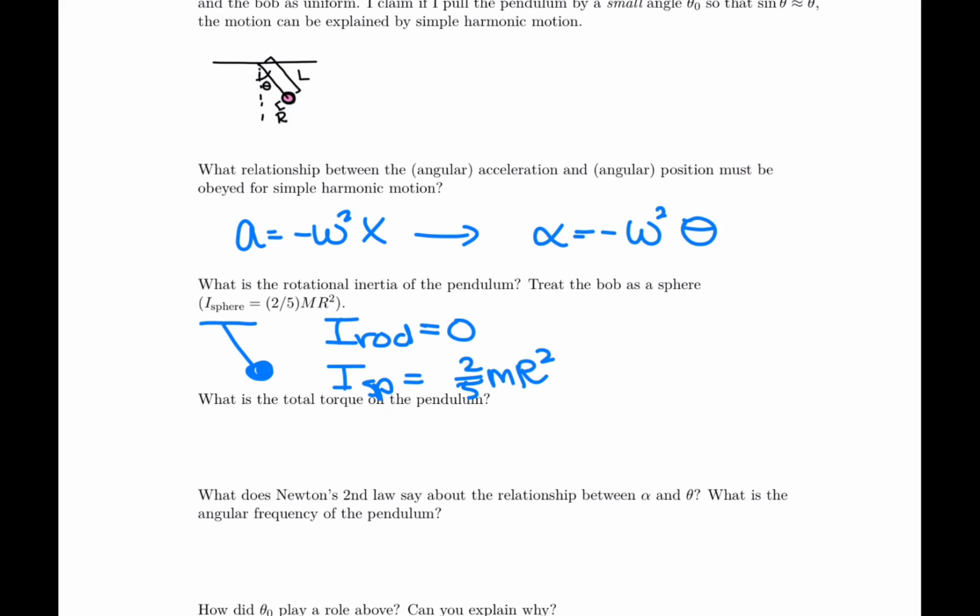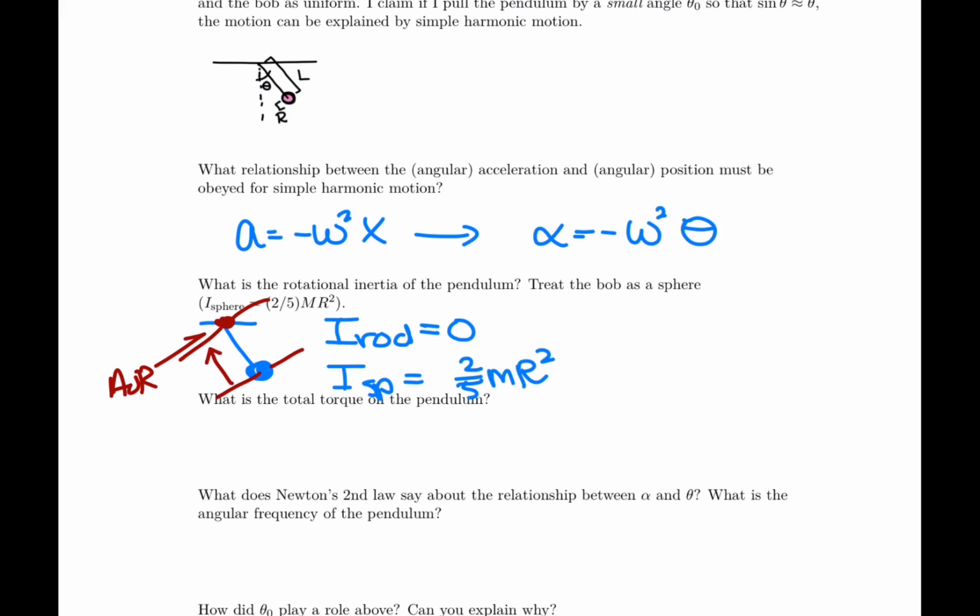But remember, inertia depends on your axis of rotation. And in this case, the pendulum is oscillating about this axis of rotation. Not a line that goes through the center of the sphere, rather a line that goes somewhere along the roof, kind of parallel to the roof.